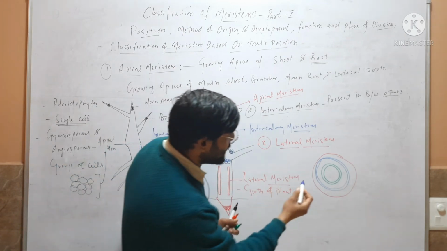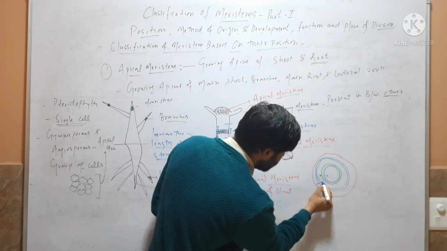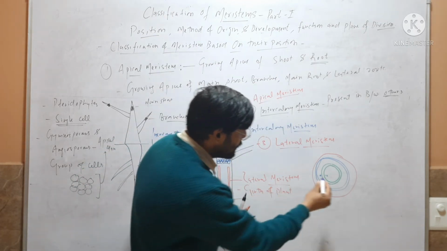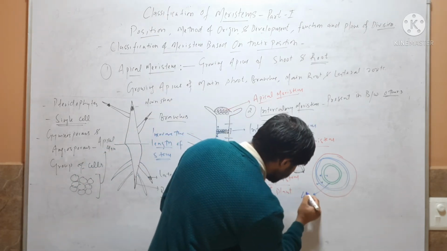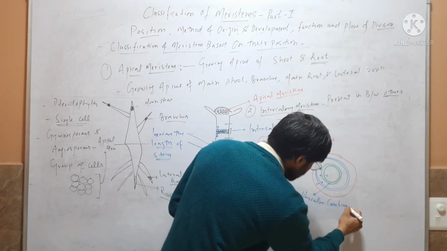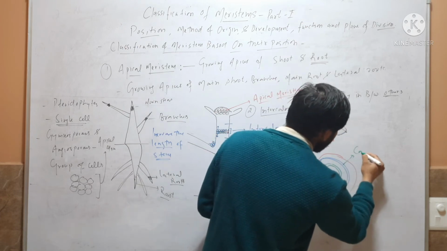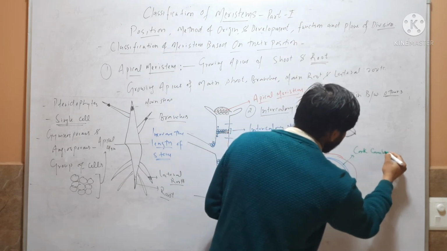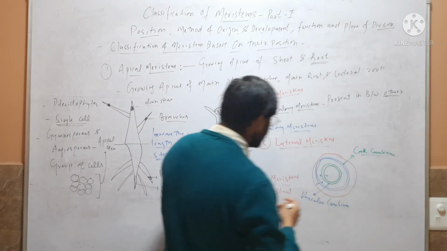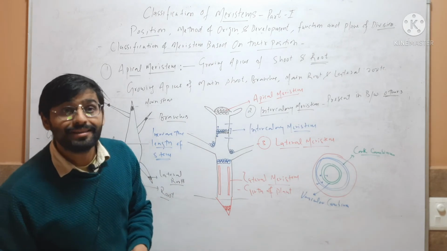These layers divide and form cells inside and outside. So this inner layer is called vascular cambium and this outer layer is called cork cambium. So cork cambium and vascular cambium are examples of lateral meristem.